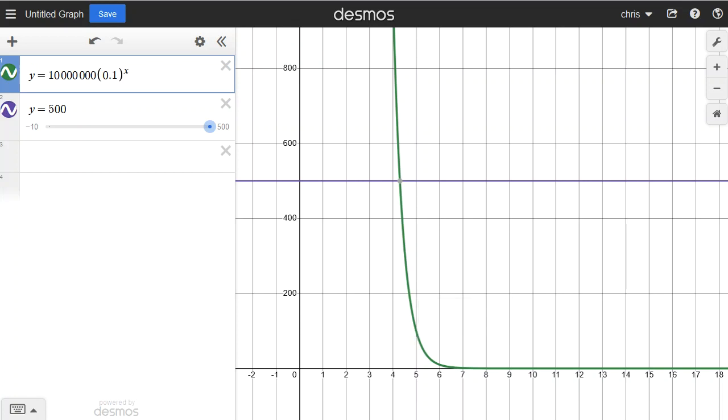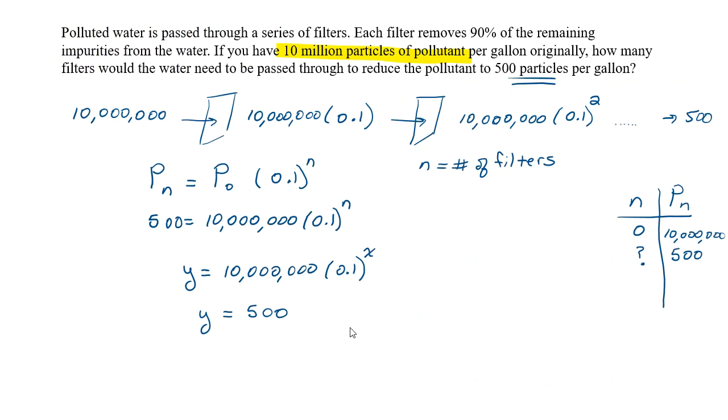Our actual n value is 4.3, so let's write that down. To solve this, we get n equals 4.3, but in the context, it's going to have to go through 5 filters.